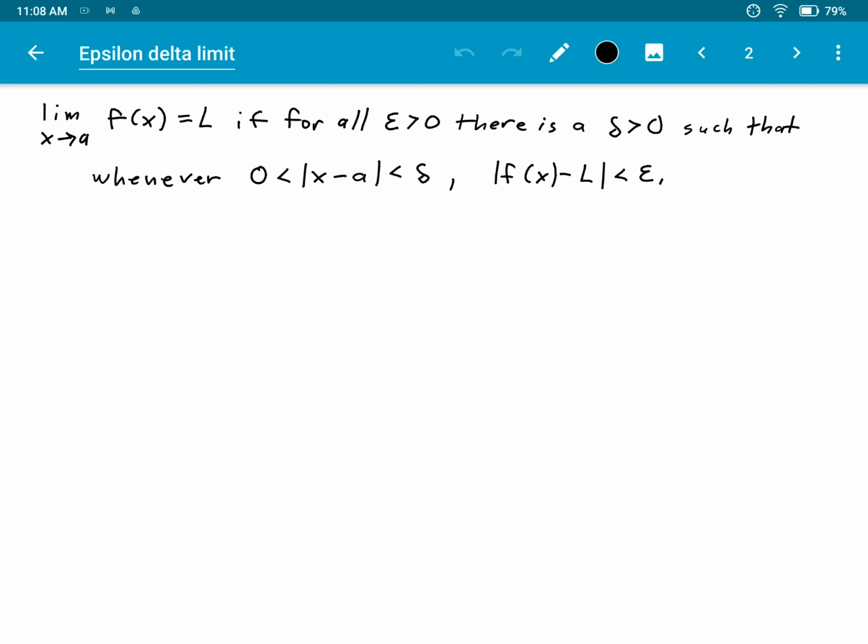So x is close to a within delta and not equal to a. Then the absolute value of f of x minus L has to be less than epsilon.